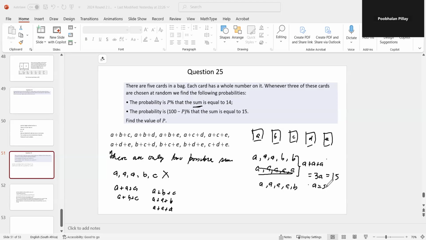Now we said that A is 5, right? A will have to be 5. So you got 5, 5, 5. And the sum is 14. So 5 plus 5 is 10. So the next one, B will have to be 4. Right. So if A is 5, then B will have to be 4 to get the sums for 15 and 14. But notice that in this scenario, I've got the sum 5 plus 8.